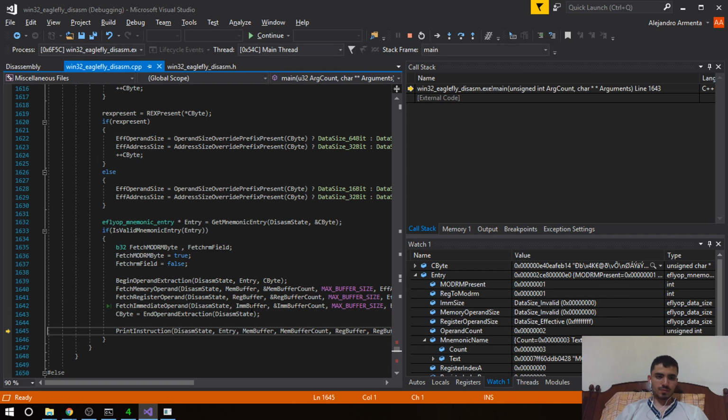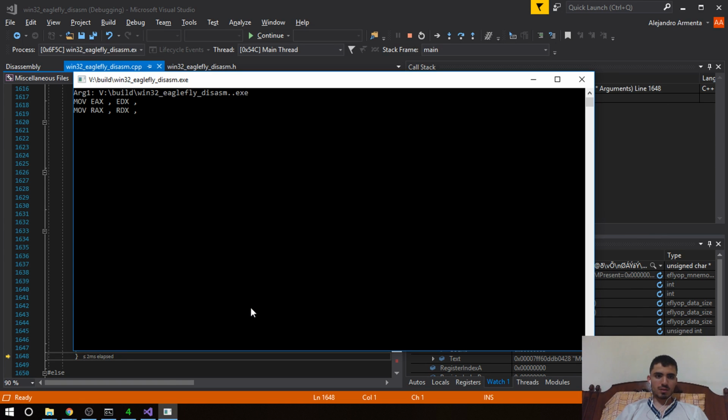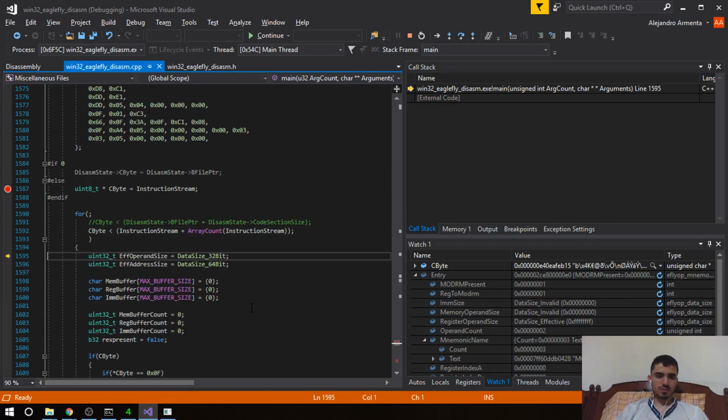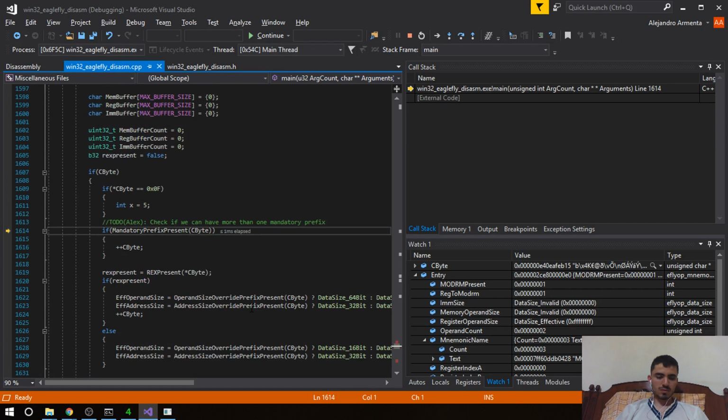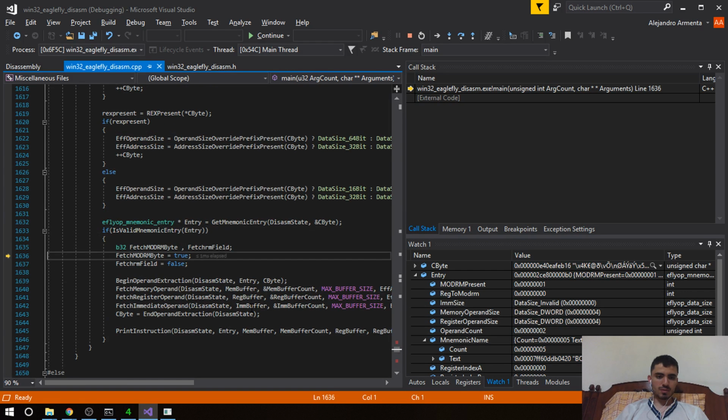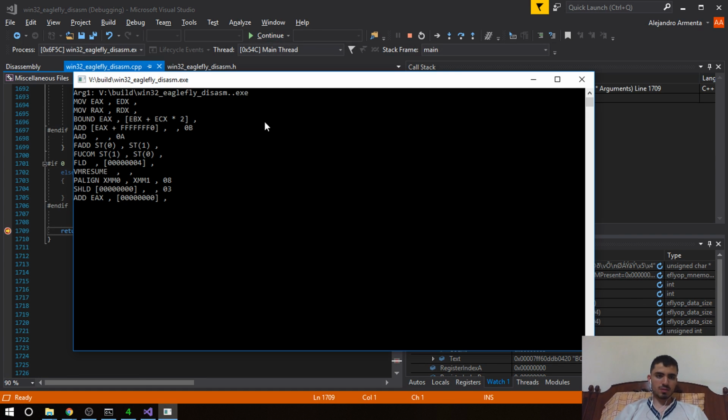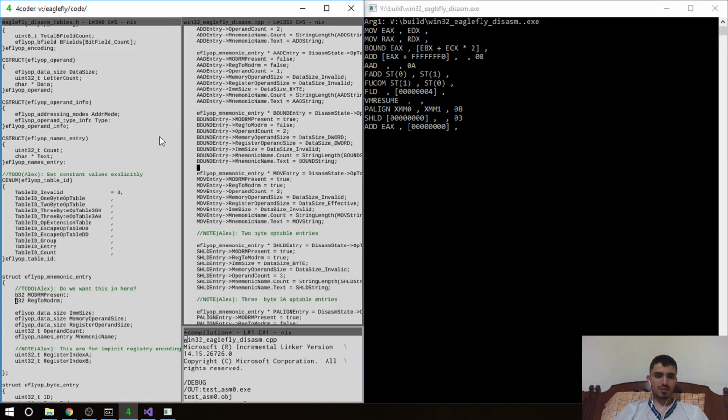And null, there you go. And then the other stuff. REX is the X, bound EAX, EVX is X times 2. The other stuff can be matched.